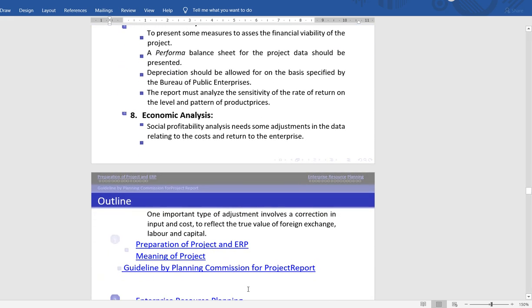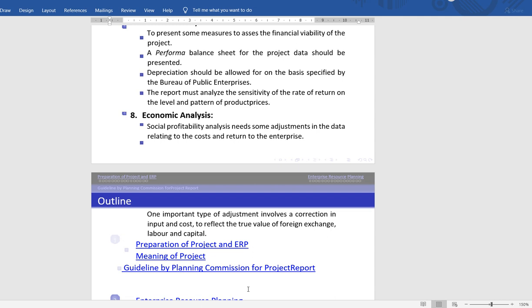The eighth point is economic analysis. Social profitability analysis needs some adjustments in the data relating to the cost and return to the enterprise. One important type of adjustment involves a correction in input and cost to reflect the true value of foreign exchange, labor and capital.